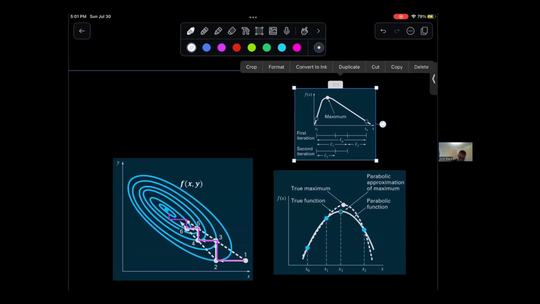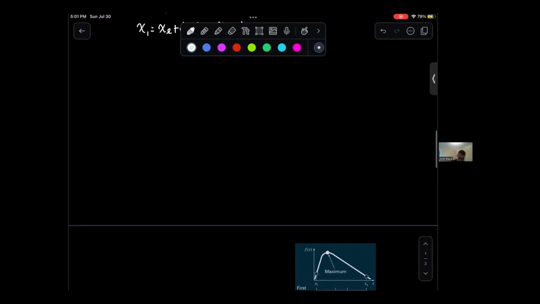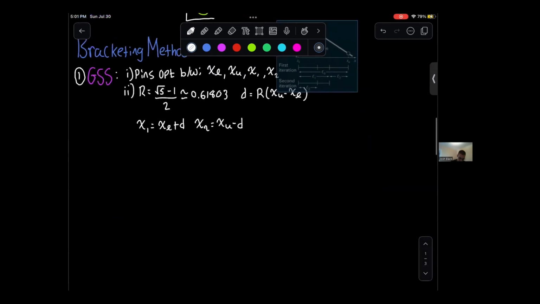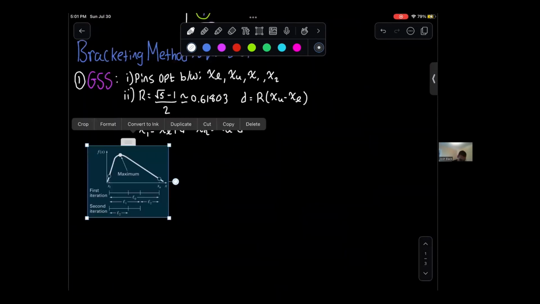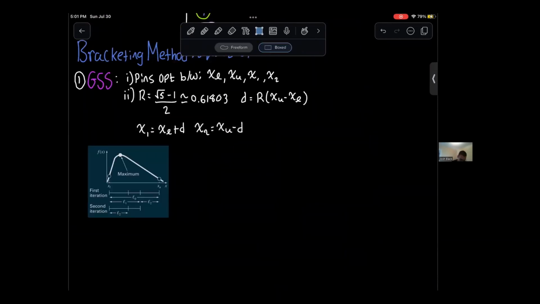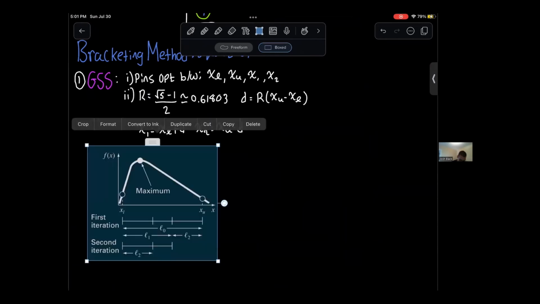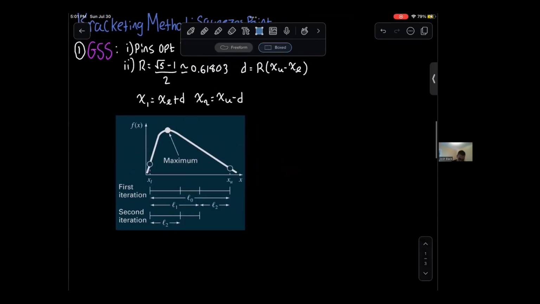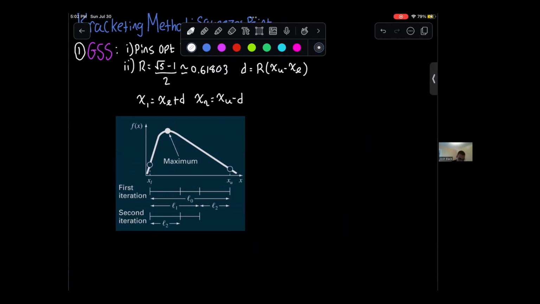I'm going to use this picture to show everyone what's happening, if you're confused. Now, this diagram shows our maximum. It also shows X lower and X upper. Now, the distance from X lower to D looks like this.